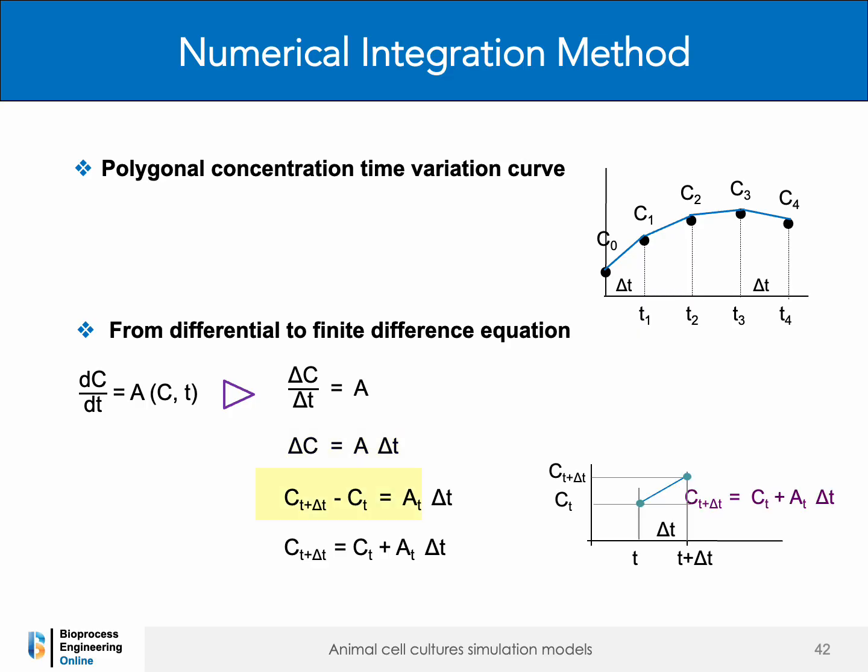The incremental concentration variation delta C is the difference between the concentration C(t plus delta t) at time t plus delta t and C(t) at time t. The resulting finite difference equation is C(t plus delta t) equals C(t) plus A(t) delta t. A(t) is the slope at time t of the concentration time variation.